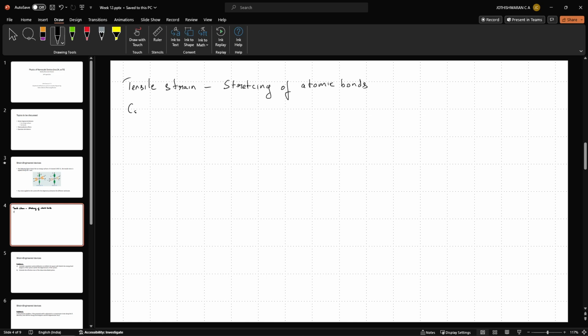Or conversely, we can have a compressive strain, which is a compression of the bonds.